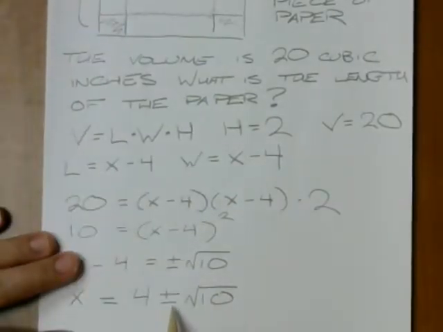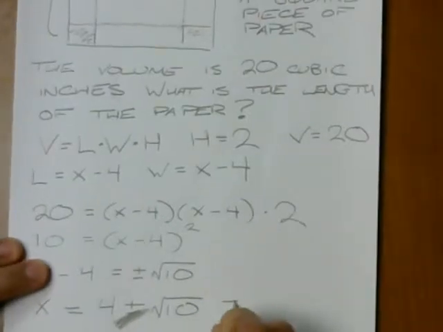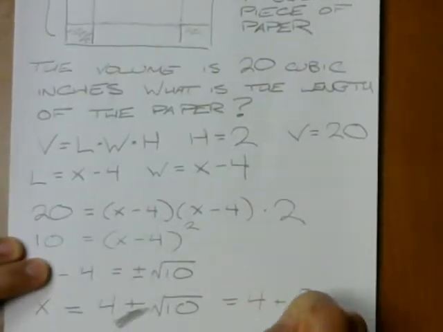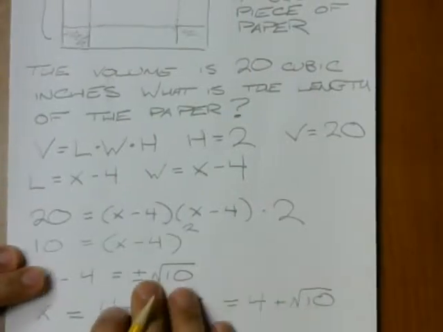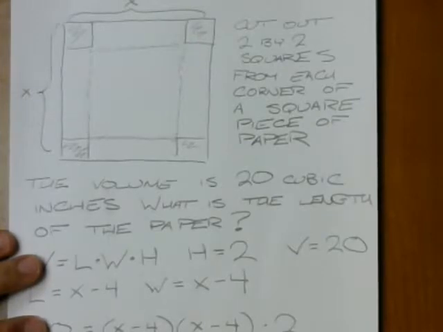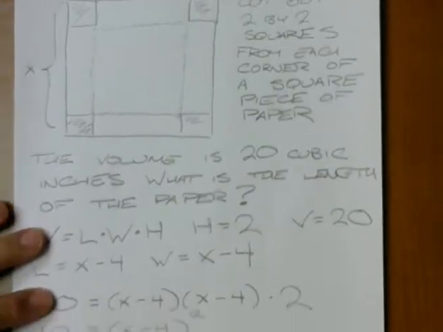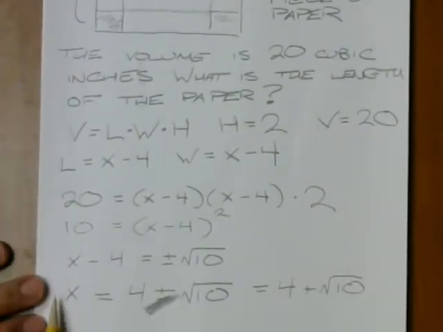So the only possibility is not this one. If it's 4 plus root 10, then when I cut 4 off of it, I will still have a positive number. Okay, so that actually is what I wanted to find. I wanted to find x. And I know that x is 4 plus root 10, so I'm done.